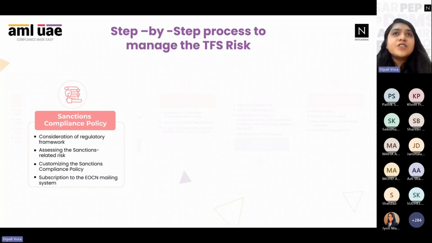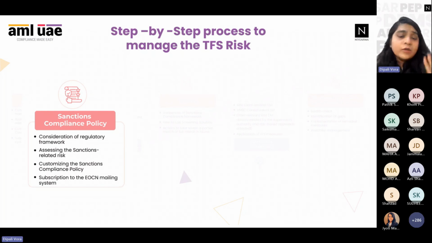In order to make sure that we are secured and our company is managing the targeted financial sanctions risk, the first and foremost suggestion is to have a sanction compliance policy. A sanction compliance policy will talk about what sanction lists we will follow, how we will react, and what reporting we will file.